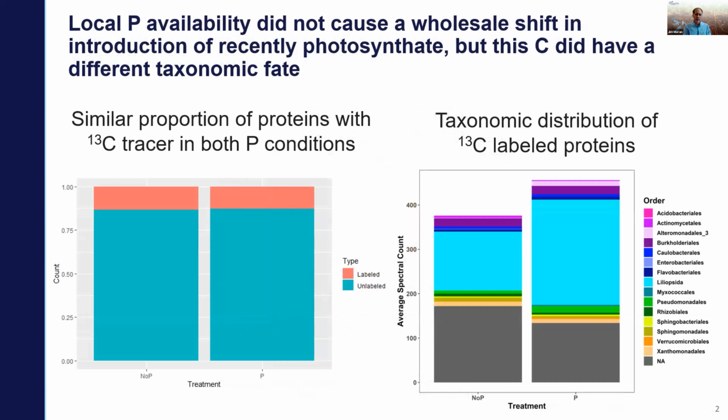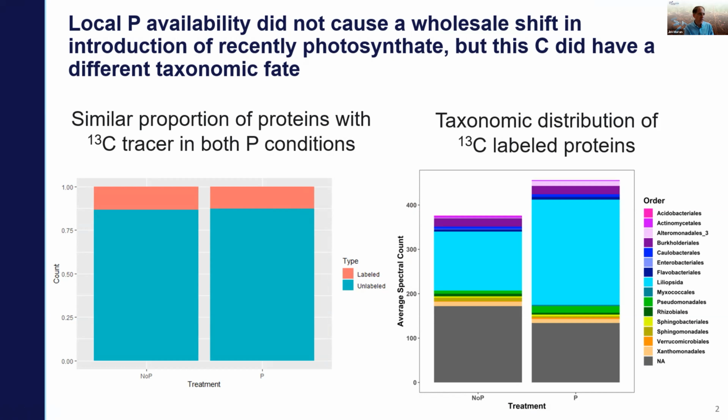So we performed analysis of the proteins that we identified to say, okay, which of these proteins contains that 13C tracer? And what we found is that in each case, roughly 12% of the total proteins extracted from both halves of the split root system contained proteins with that 13C tracer. So we're getting nearly equal amounts of labeling on both sides, which is consistent with the very similar rates of root exudation that we saw on both sides.